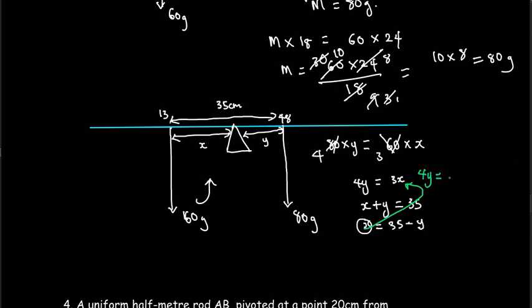So 4y is equal to 3 in brackets, 35 minus y. So just simplify that. 4y is equal to 3 times 35. 3 times 3 is 9, that is 90. 3 times 5 is 15. 90 plus 15 is 105. So 105 minus 3 times y is equal to 3y.